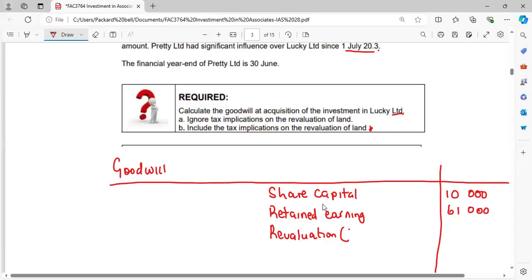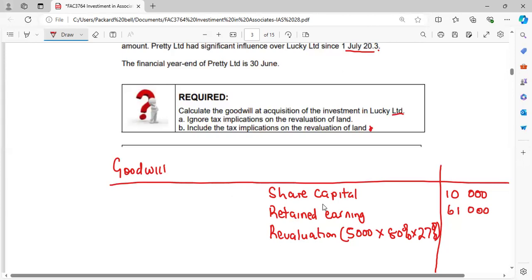We can use 27%, it's still fine. So we're going to have 5,000 times 80% times 27%. Right, so this is going to be our deferred tax.